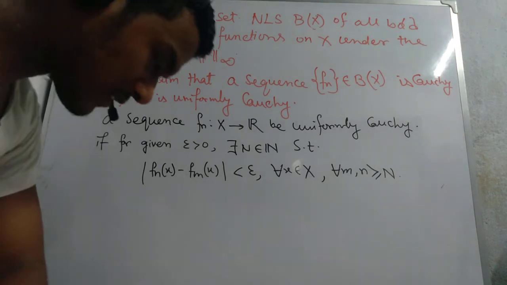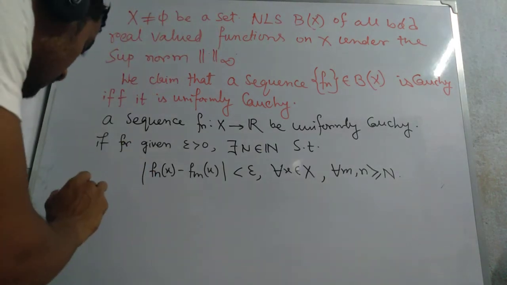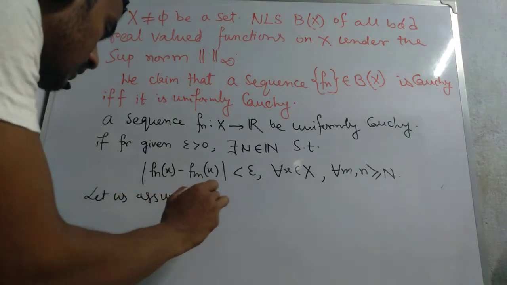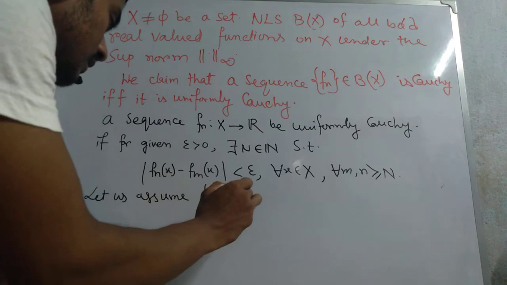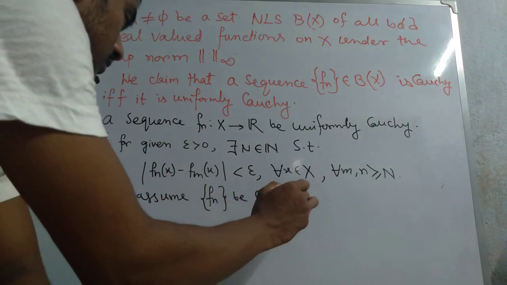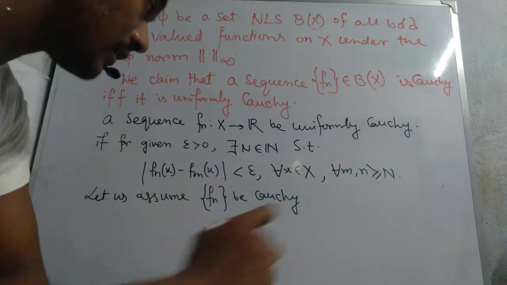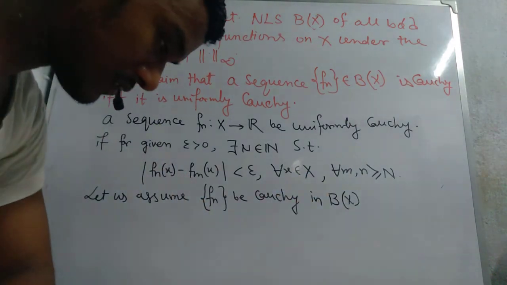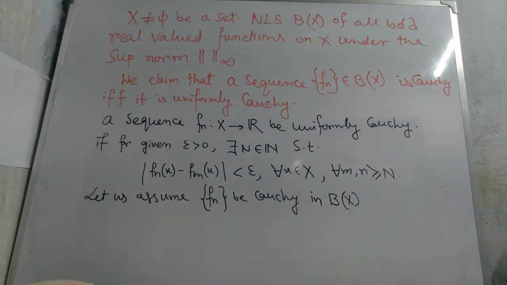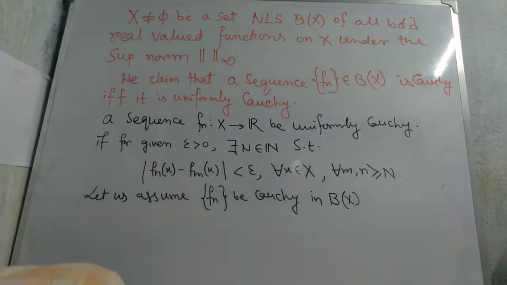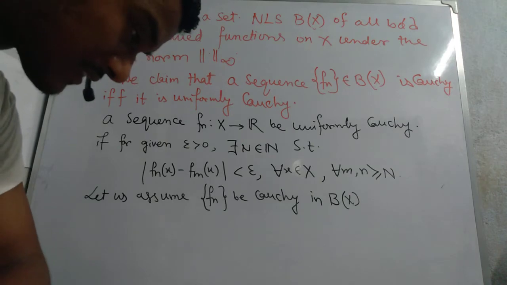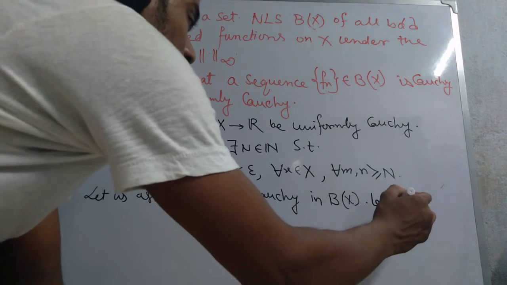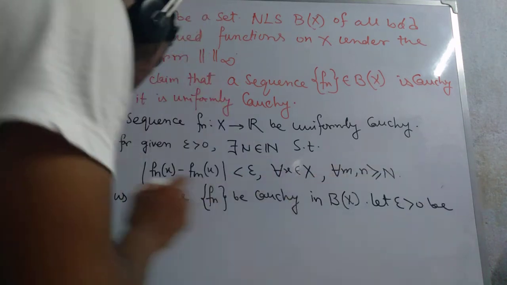Let us assume f_n is Cauchy in B(X). Then let epsilon greater than 0 be given.